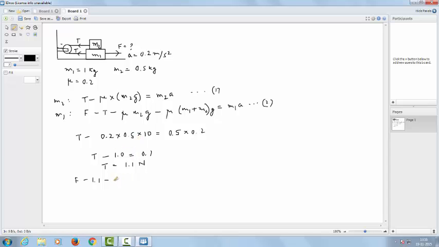We have already found this out. So this is 1.0, and this will be 0.2 multiplied by 1.5 multiplied by 10 is equal to m1 is 1 into 0.2.